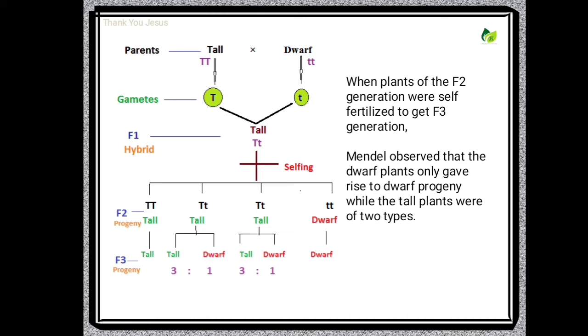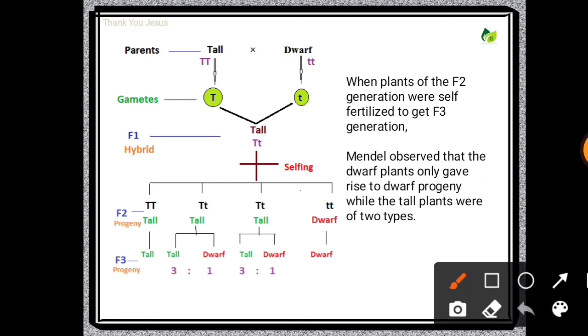When plants of F2 generation were self-fertilized to get F3 generation, Mendel observed that the dwarf plants only give rise to dwarf progeny, while the tall plants were of two types. Look at the picture carefully.